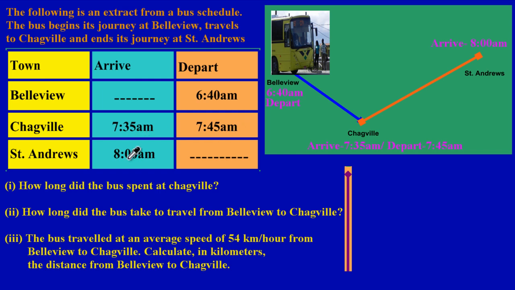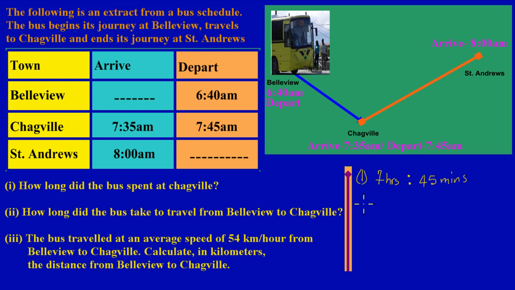To find out how long the bus spent at Chagville, let me just change my marker. For part 1, let's calculate. The time the bus spent at Chagville, we could simply say 7:35 and 7:45. I could rewrite 7:45 as 7 hours and 45 minutes, where the 7 means hours and the 45 means minutes.